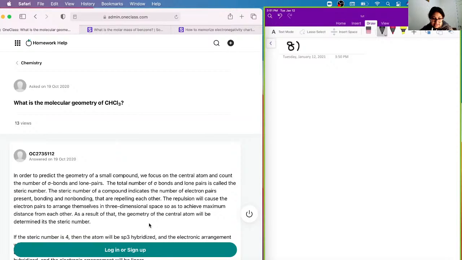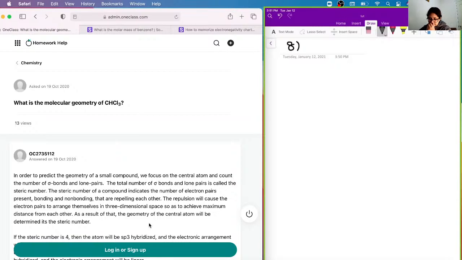And this indicates the number of electron pairs present, bonding and non-bonding, that are repelling each other. And so the repulsion causes the electron pairs to arrange themselves in three-dimensional space to achieve maximum distance from each other. And as a result, the geometry is basically dependent upon the steric number.